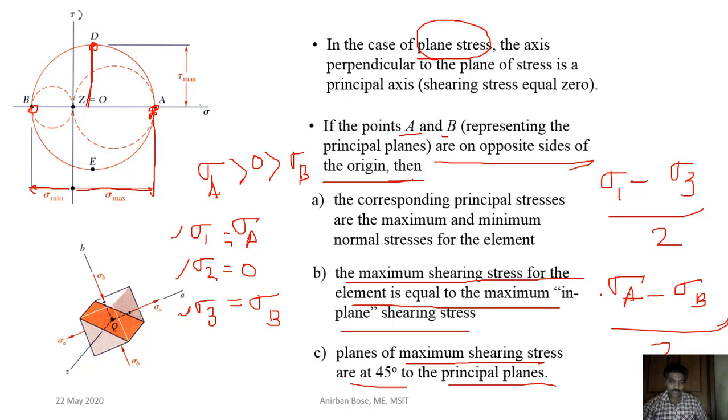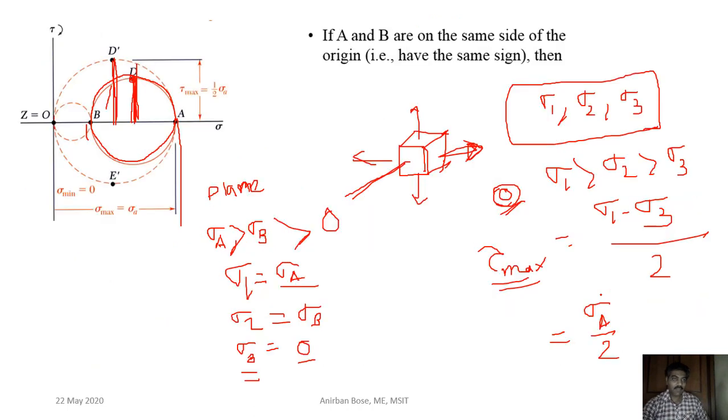But in the previous case it is not in that plane, it will be out of plane. This is the basic idea of how we can find the maximum shear stress in the case of a plane stress element.